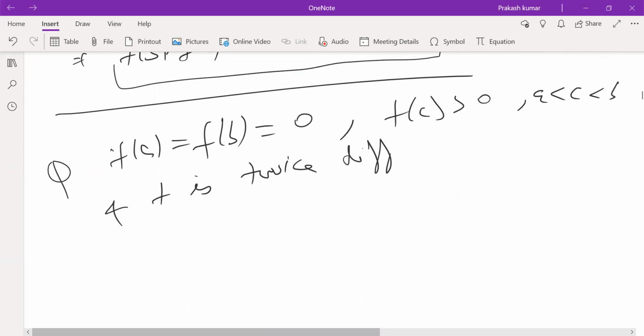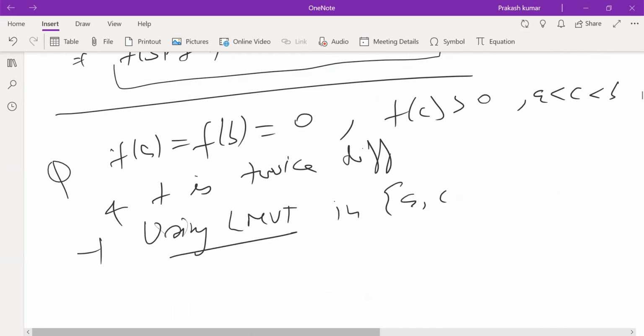So what can I do? I can take two intervals. Let's take two intervals and use LMVT in AC and CB.